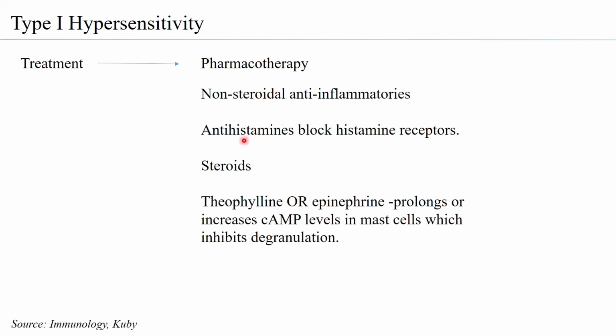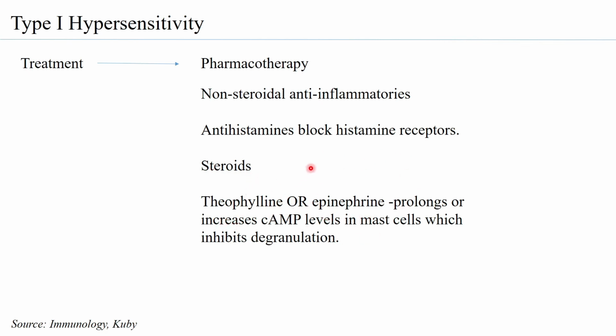Antihistamines are given, for example cetirizine and levocetirizine. What they do is counteract the function of histamine, and therefore you won't have a heightened immune response, or inflammatory response for that matter. Steroids can be taken, and theophylline or epinephrine can be given.